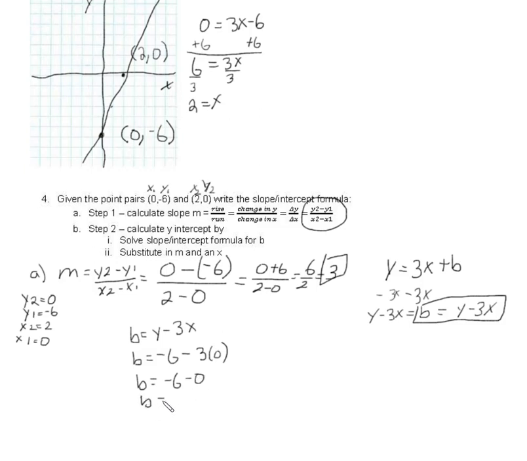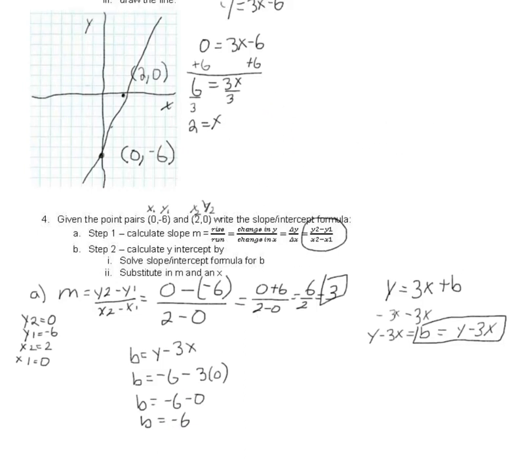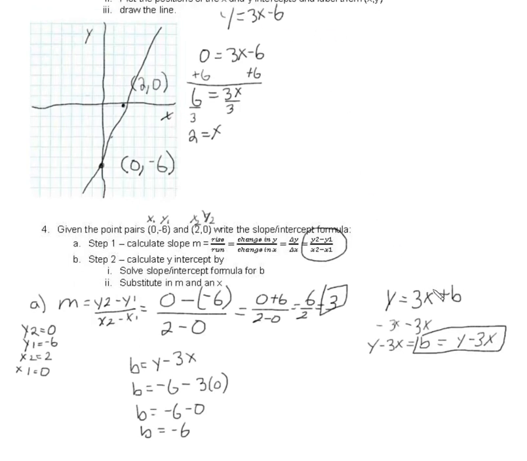So b equals -6 minus 0? -6. Wait a minute. All right. And what was our original formula? Oh, we calculated the slope was 3, and we just calculated the y-intercept b, and there it is. Okay? So now we're essentially done.